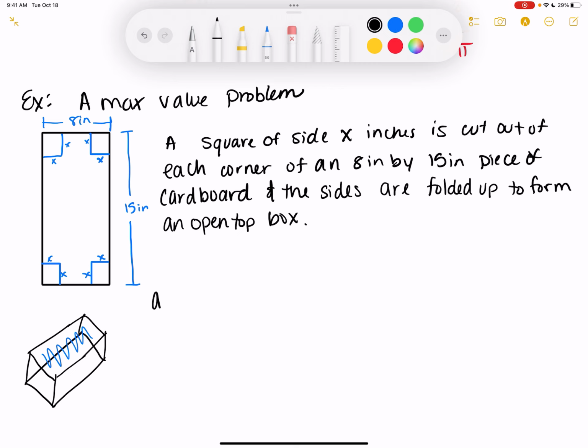All right, so the first part: write the volume of this box as a function of x, not y, x.